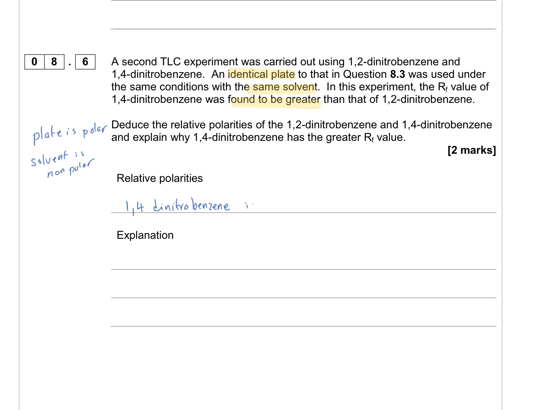So the relative polarities, the 1,4-dinitrobenzene is less polar than the 1,2-dinitrobenzene, hence having a greater RF value. And it's all to do with whether it's more attracted to the plate or attracted to the solvent. So the greater RF value means it's more soluble, or has a greater affinity to the solvent.